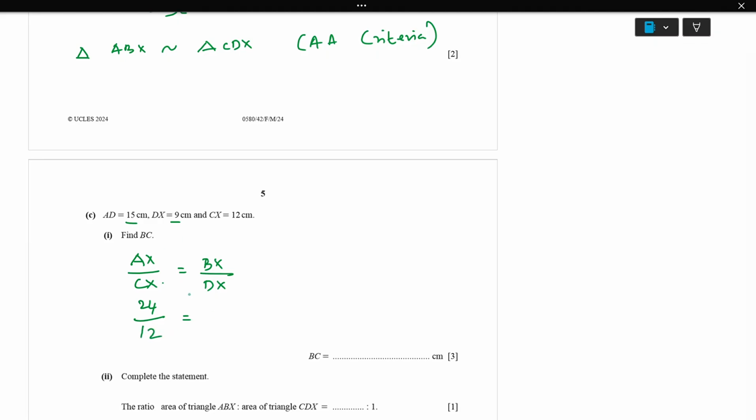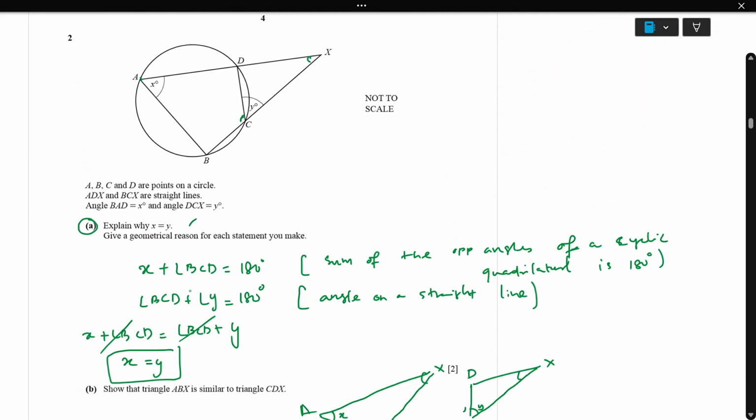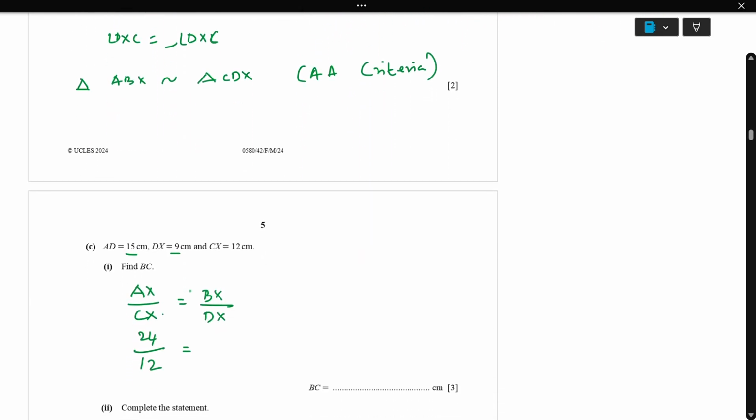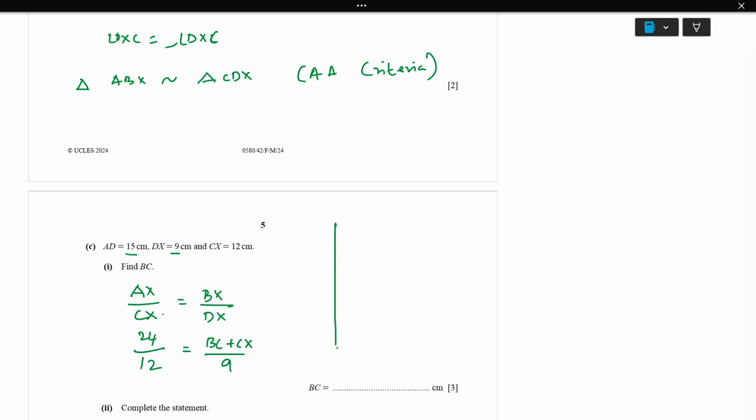BX is not given, so I go to the figure and check. BX is BC plus CX, over DX, which is 9. So I'll substitute the values: 24 over 12 equals BC plus CX, which is 12, over 9.